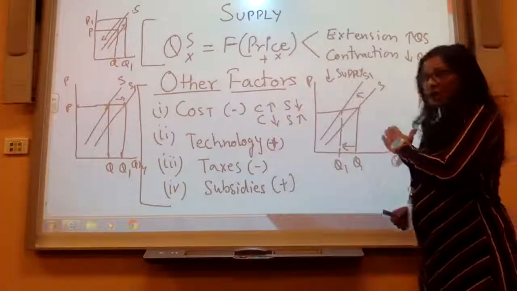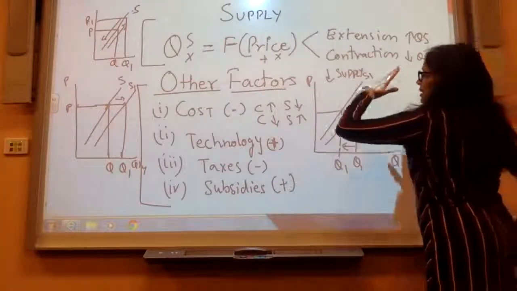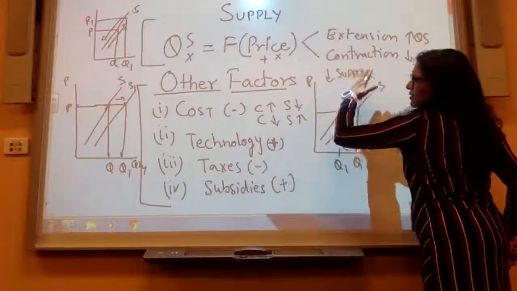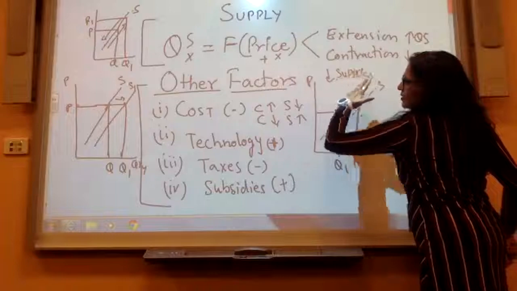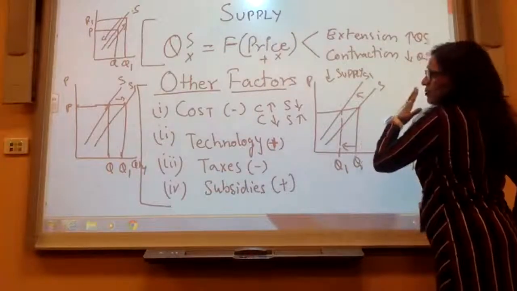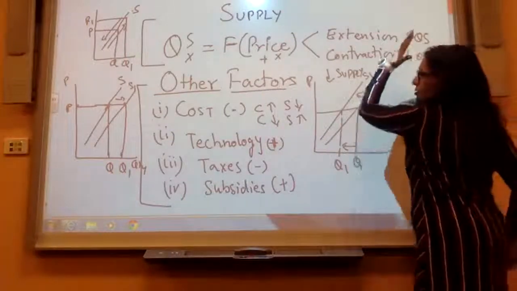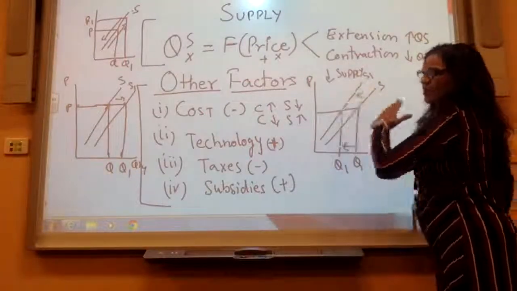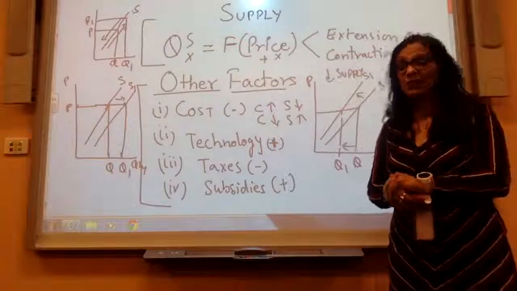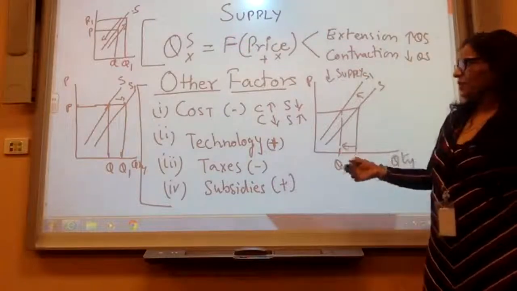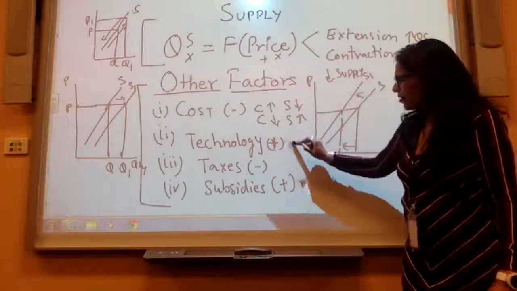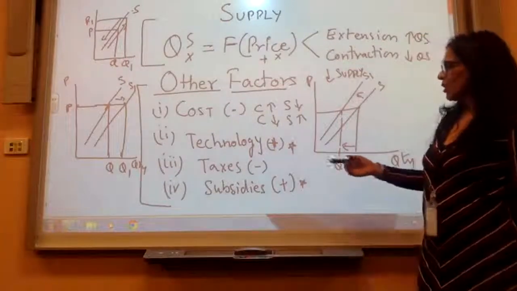So if I want to remember the supply curve, this is my supply curve: a decrease is a shift to the left, and an increase in supply is on the other side. Extension, contraction, increase, decrease. These are the terms of reference for supply. Whenever you get a question, try to take up the simplest points you can remember rather than getting worked up.